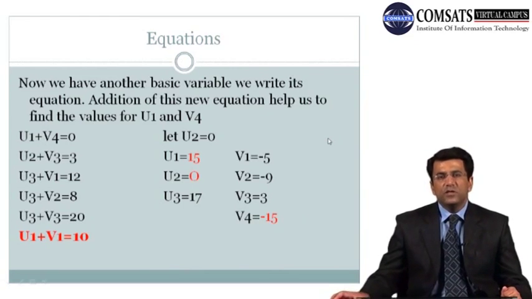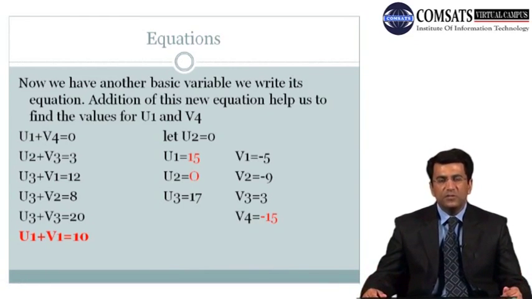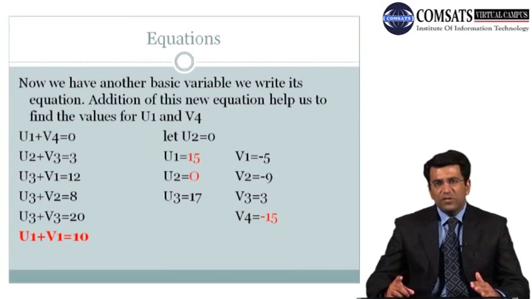So in this way, students, this is a different situation we are facing in this particular problem. And again I am repeating this step: whenever your filled cells are less than the m plus n minus 1 value, you will not be able to calculate the values of all the variables you have just introduced, like u1, v1, u2, v2 and u3, v3. Then we will add a small value, represented here as epsilon, in any of the cells for which we have not been able to calculate the values. In this case, that was u1 and v4.